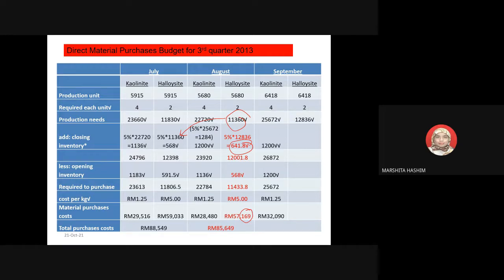It is still correct. But please do not round off your cost per kilo. If you round off cost per kilo, you will not get any marks for this part. You can round off your own calculation, not cost per kilo.